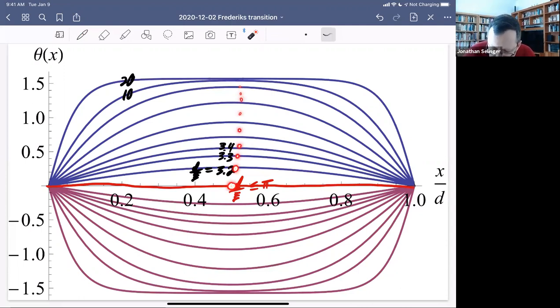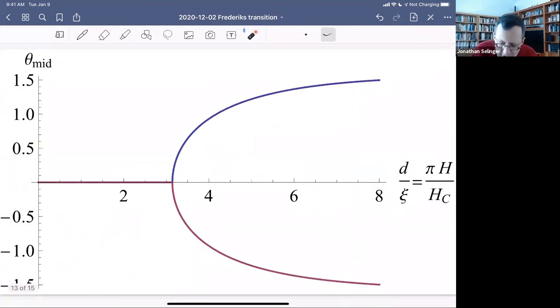And eventually it gets up to a maximum value of pi over 2, or down to negative pi over 2. So here's a plot of that. This is theta in the middle as a function of this ratio d over psi.